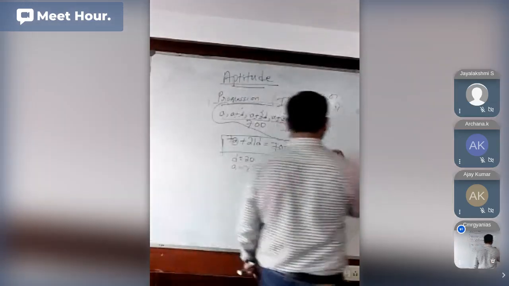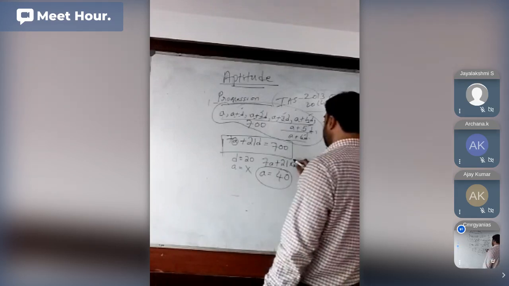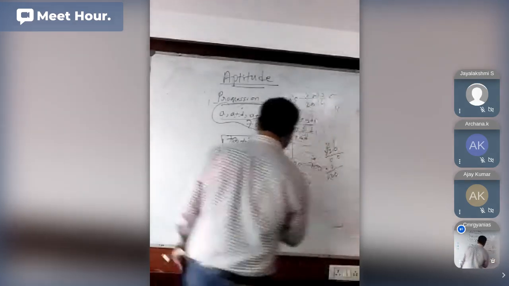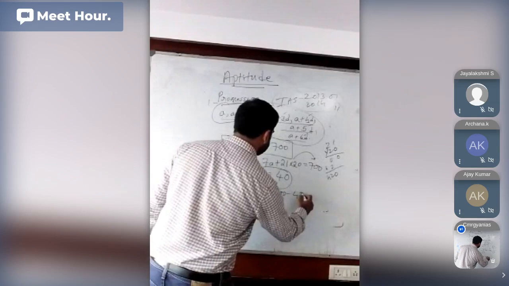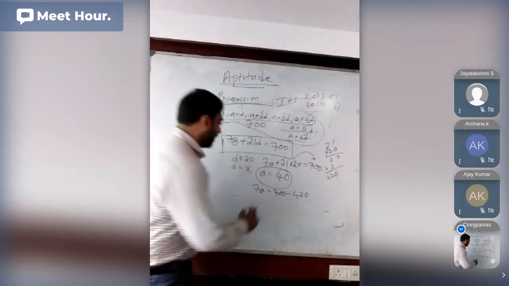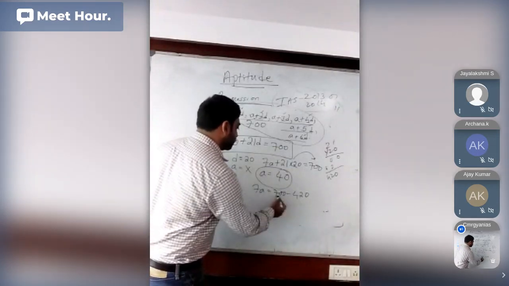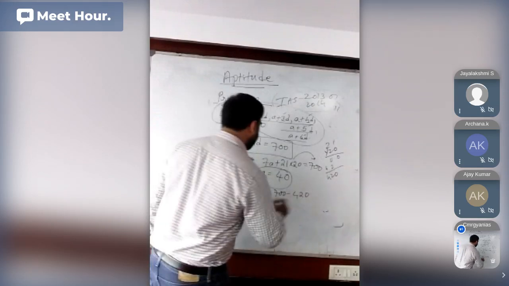So what is 21 into 20? It is 420. This 420 you take that side. So 7A is equal to 700 minus 420. That is 280.